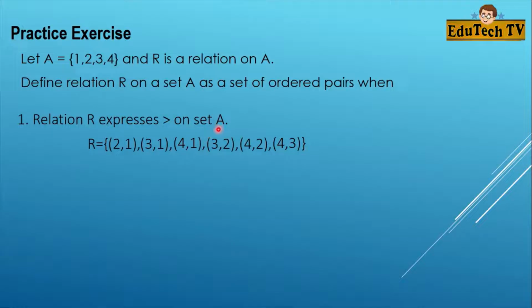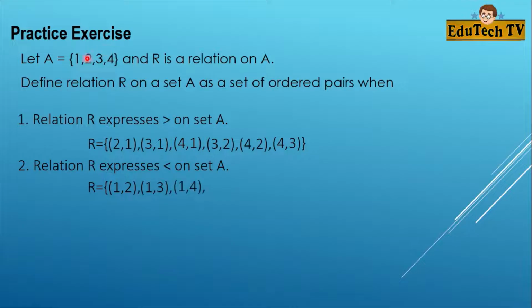Next, the relation R expresses less than on set A, the opposite of number 1. Since 1 is less than 2, (1, 2) is one of the ordered pairs in the relation. Next, we have also (1, 3), (1, 4), (2, 3), (2, 4), and then (3, 4).